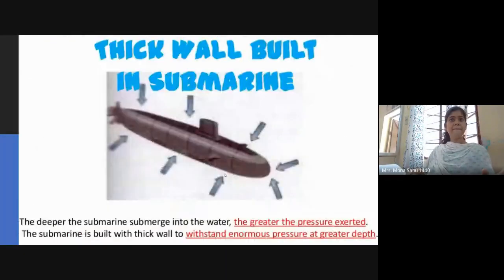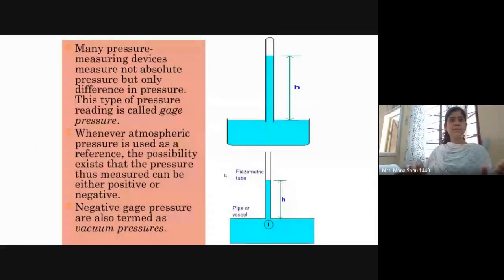So that's what I have explained in this diagram. For example, this is a beaker with mercury, and you have another tube with mercury in it, and you invert it. This height will tell you the pressure of the mercury.